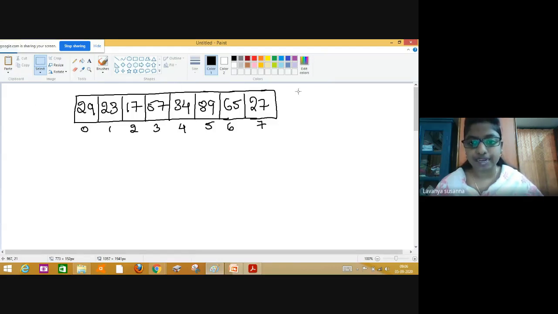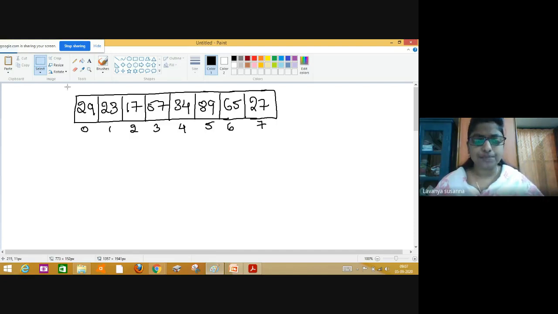Now I will explain example 2. Example 1 is homework. Write down 29, 23, 17, 57, 34, 89, 65, 27. These are the given elements. Now you need to sort the elements using quicksort.